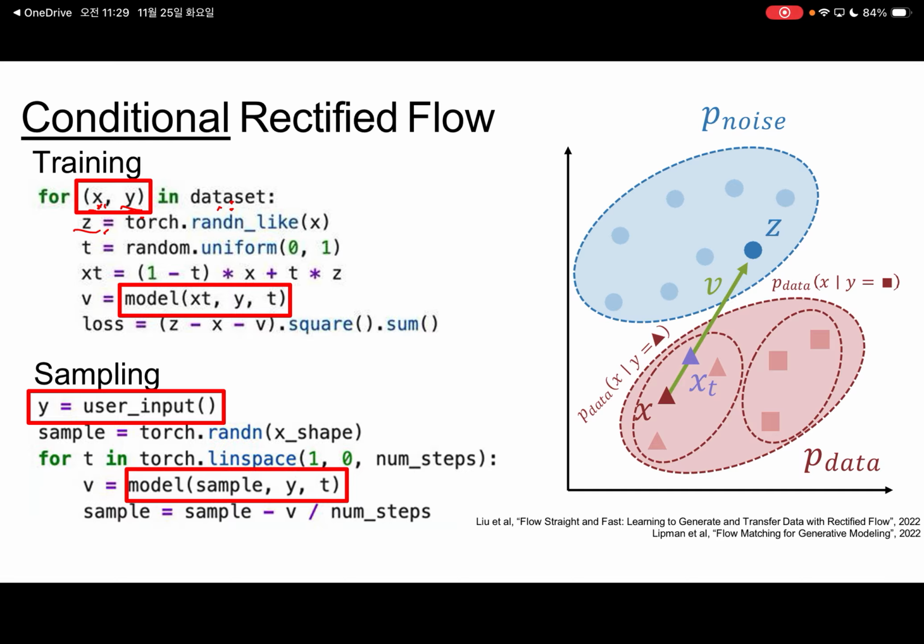Sometimes we can just randomly sample arbitrary images, but in many cases we want to give some condition information like a text prompt, or some rough visualization of images, or some pose of a human, or geometry of some scene or object. We give them as a condition, and then generate images based on the condition. So y is a condition, a text prompt or geometry, anything. And the model takes y as well, the user's input. How can we do this?